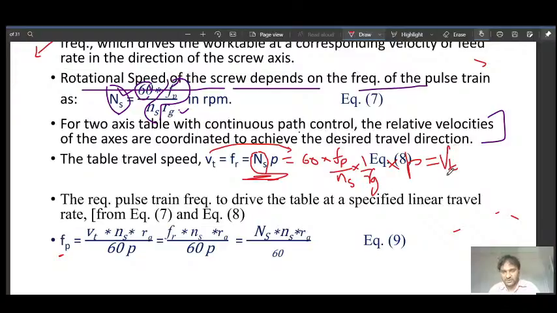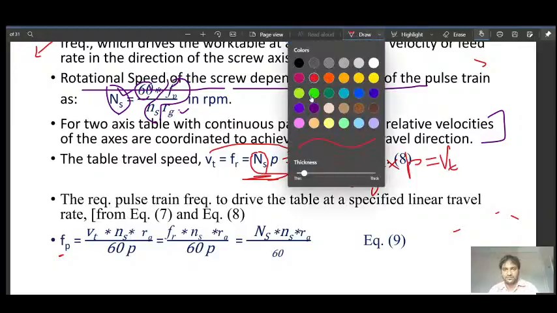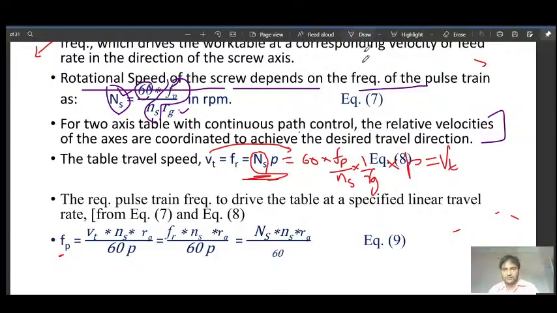So, by cross multiplication for Fp, Vt multiplied by this term goes up, with Ns again in the numerator, and the denominator will have 60 and the P value.